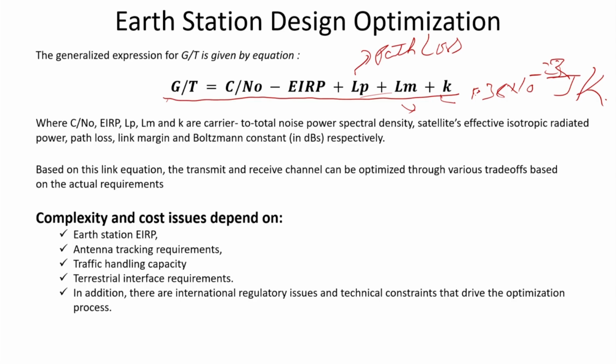In addition, there are international regulatory issues, which I discussed, about the side lobe and other things. These are constraints which have to be considered while optimizing a particular earth station.